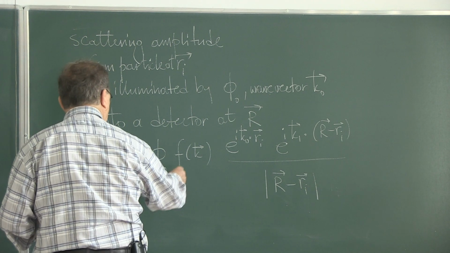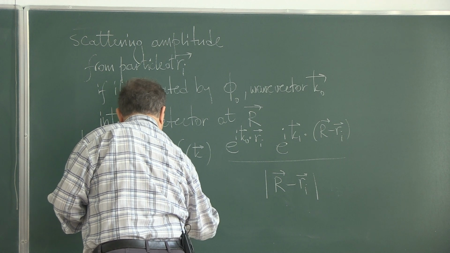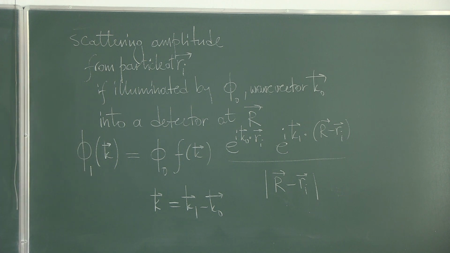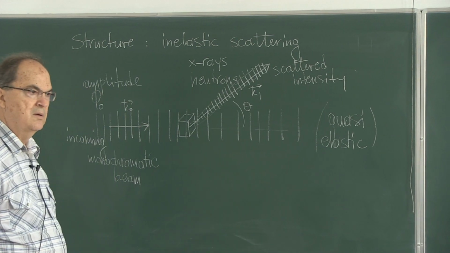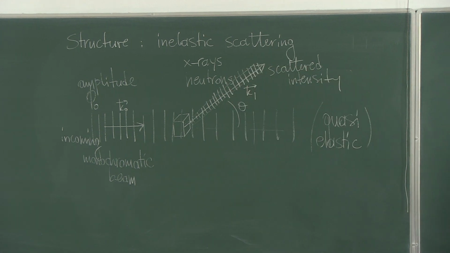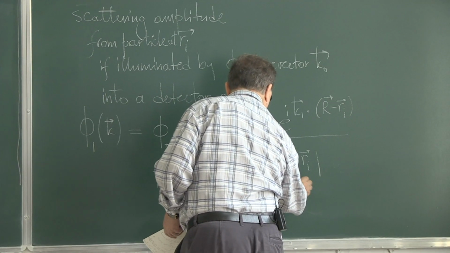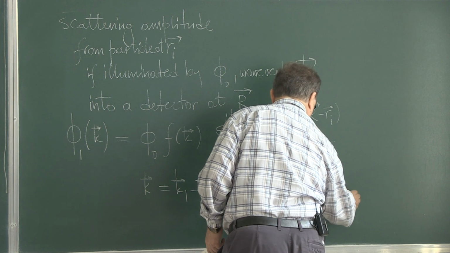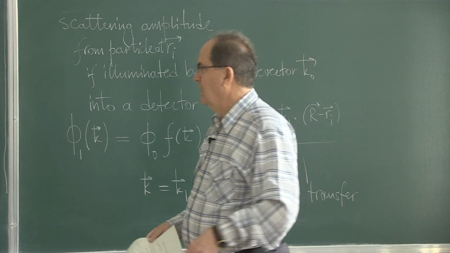Here, k is the difference between k1 and k0. Well, k1 is the scattered wave vector. So this k is the wave vector transfer. So we are really trying to describe a scattering.